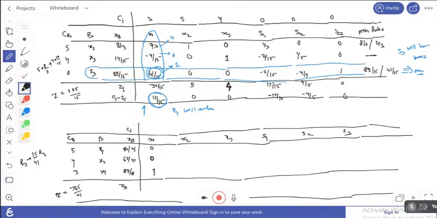So here you have 3, 5, 4. Columns are by using row operation.